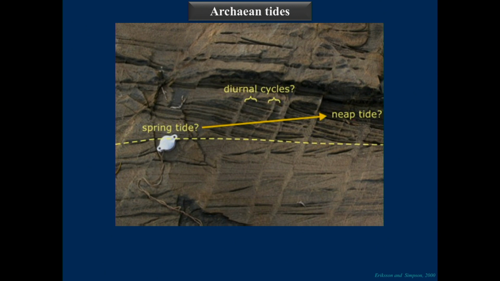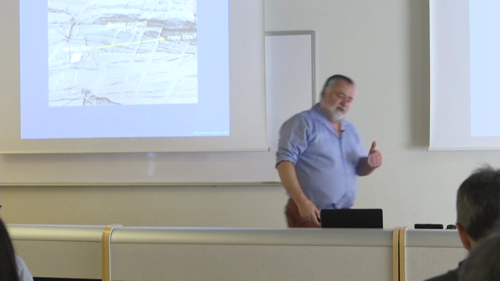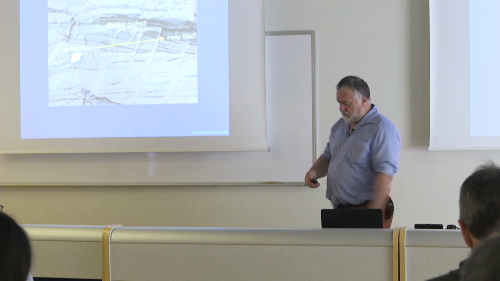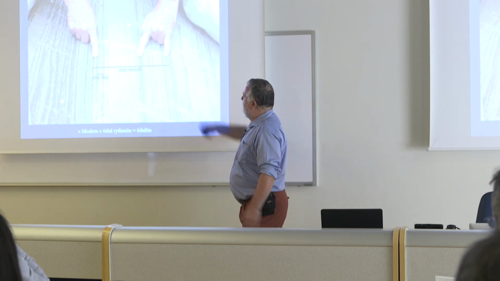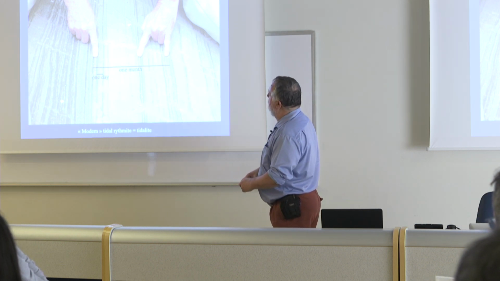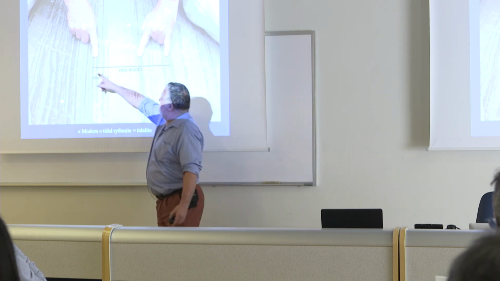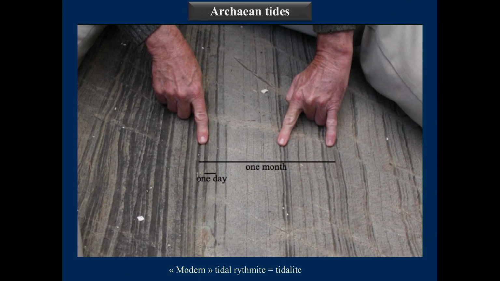That means that when water is going up, it will deposit some sand. When it goes back, it will remove one part, and when it comes up again, it deposits new sand, and so on. So they say this kind of cycle is linked to tides, and this is well known in other places of the world. This is more recent sediment, modern tidal sediments, but we can see some rhythm here, which is the rhythm of tides, which is something important.